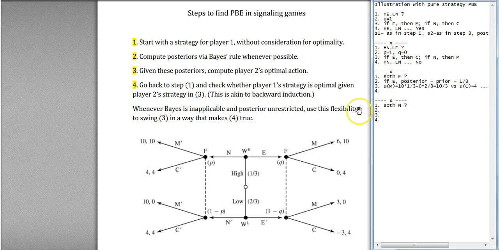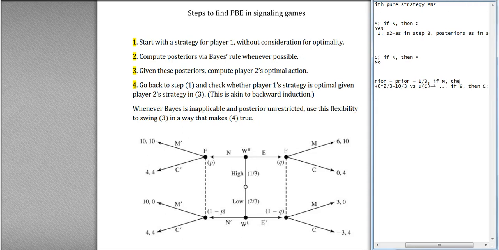All right. Now let's consider the other response. So let's say that the firm observes the job applicant is not educated. So the firm is in this information set over here. This is something completely unexpected because in this candidate equilibrium, every type gets educated. And so this is one of those completely unexpected things. Bayes' rule does not apply, and the belief is unrestricted. So if N, then the posterior P is unrestricted.